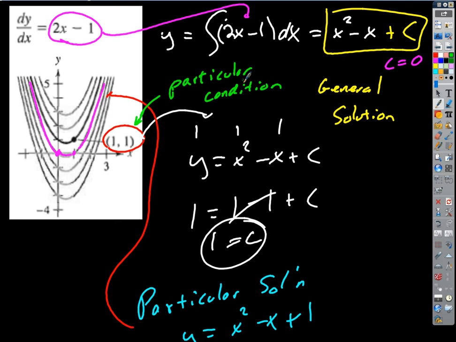Will c always equal the y-intercept? No, it will not, because sometimes you'll end up with constants that show up as multipliers. I know what you're saying, if it's an algebraic function like this, yes it will.